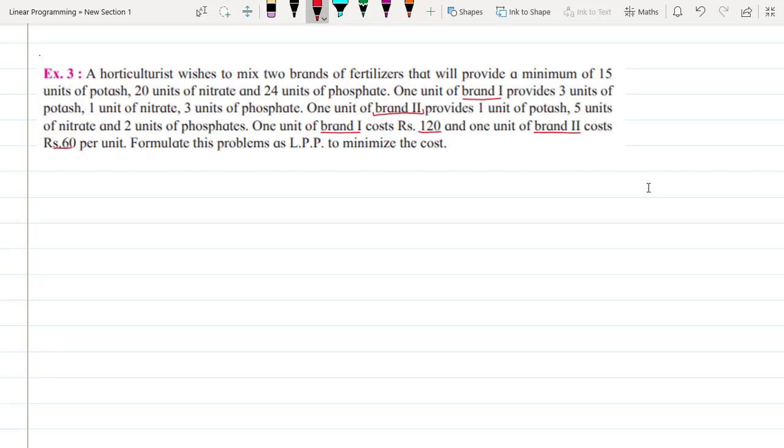Formulate this LPP to minimize the cost.